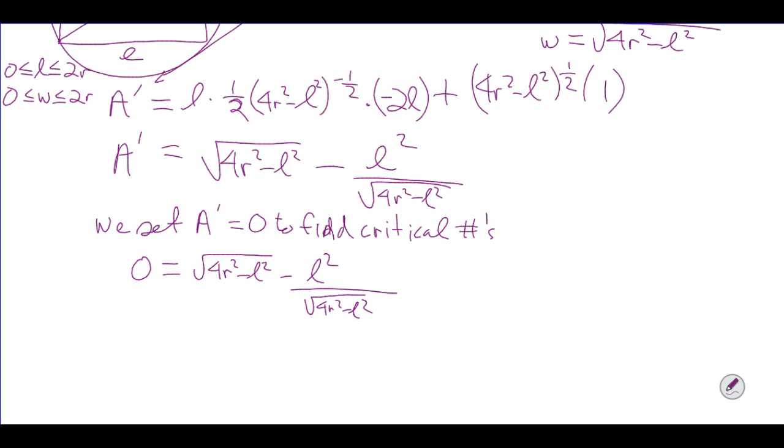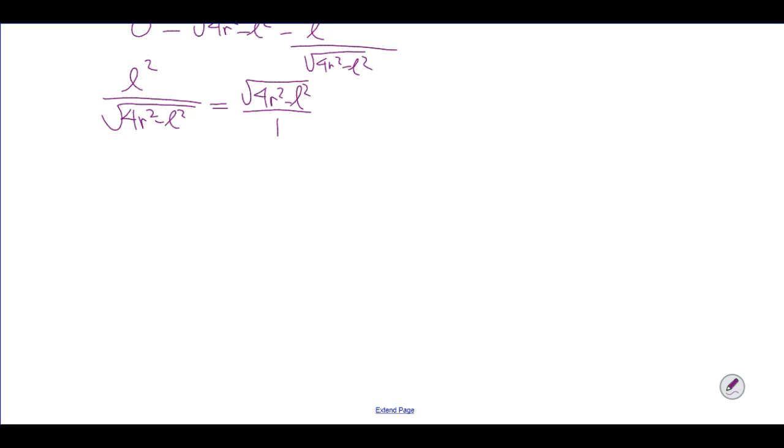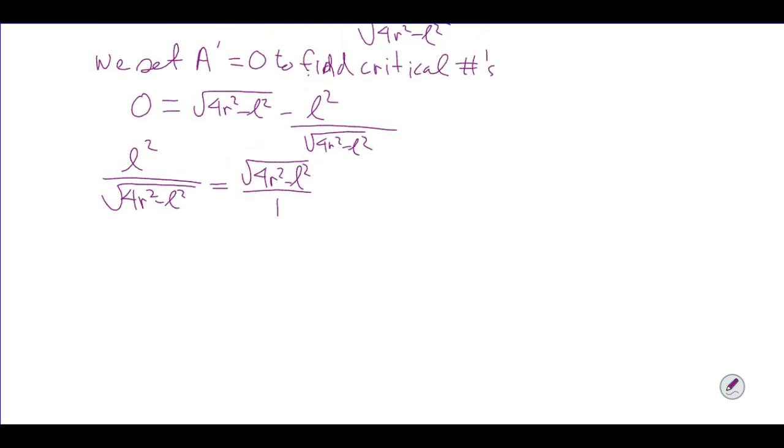So let's kick this over to the left-hand side, where it'll become positive: the square root of 4r squared minus L squared equals L squared over the square root of 4r squared minus L squared. And so we could cross multiply, which gets rid of the square root sign.